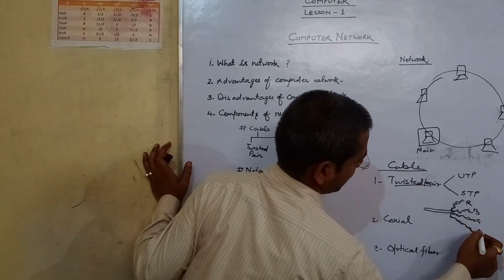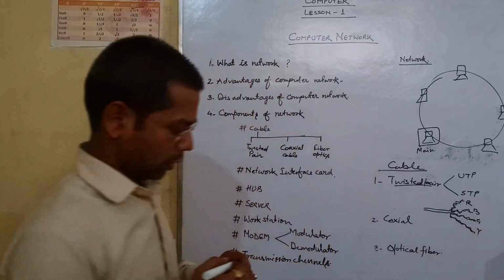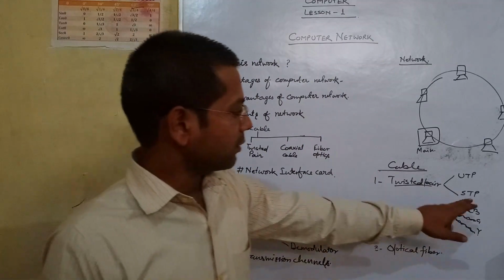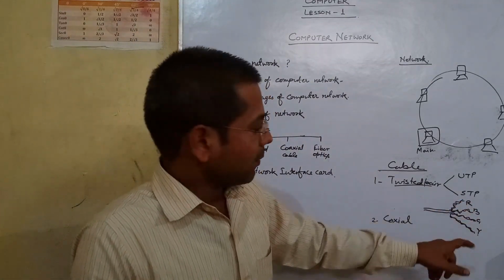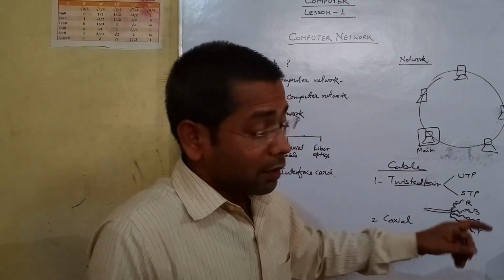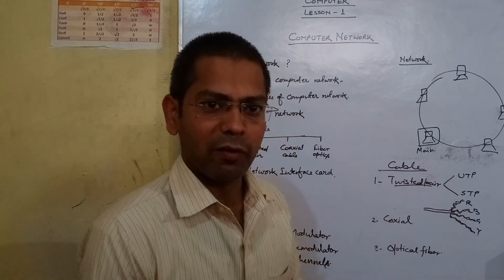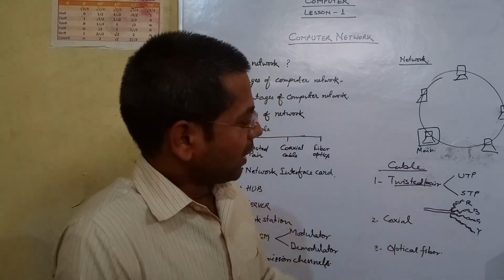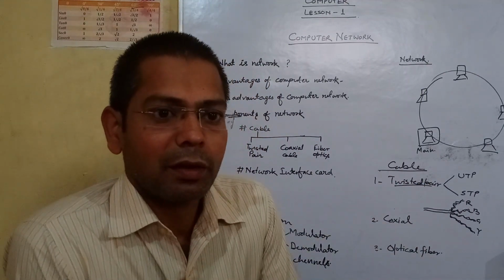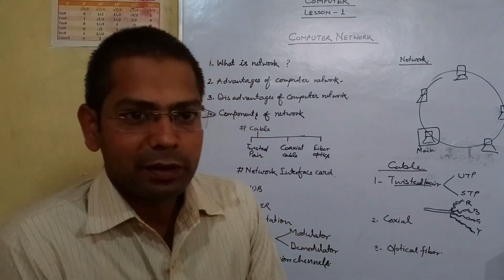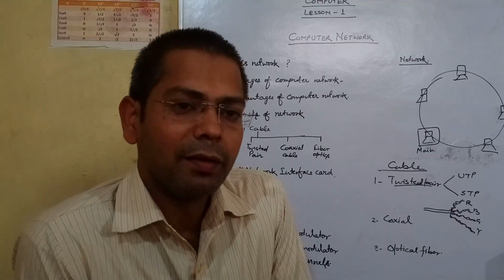Red, blue, green, yellow, 4 different color wires in the form of pairs, and the handling of this wire is also very difficult. The data transferred through this wire is not so high.